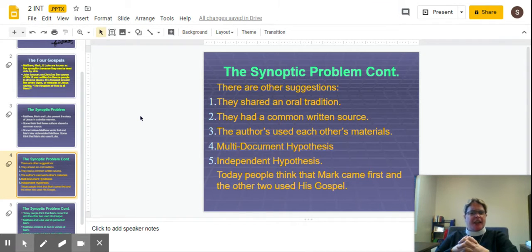Second, that they had a common written source. This is pretty widely accepted, that yes, they probably had something else in front of them. We have some hypotheses on that I'll talk about in just a second. Third, the authors used each other's materials, which kind of works and kind of doesn't, because the dating of the Gospels is pretty different.